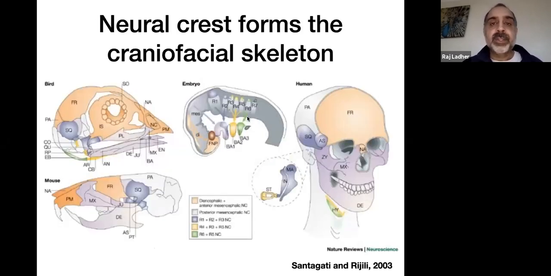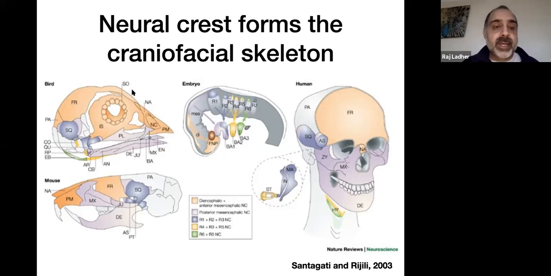So once the neural crest gets to its destination within the branchial arches, and you're seeing this from this figure from this review by Filippo Rijli, it starts to differentiate into jaws. So the jaw components. It will differentiate, of course, into other components as well, but for this lecture, I want to talk specifically about the jaws.